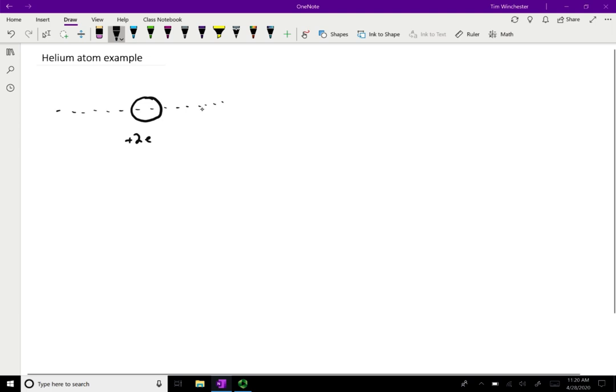Okay, so I'm going to have them be evenly spaced. So this one has a charge of minus e, and this one has a charge of minus e as well. Okay, and so we've got 3 charged particles here. I'm just going to label them 1, 2, and 3 to make the notation a little simpler. And I also need to pick a distance between these.